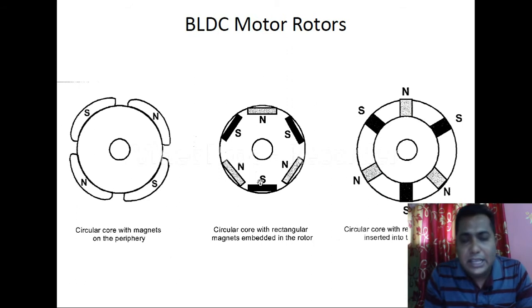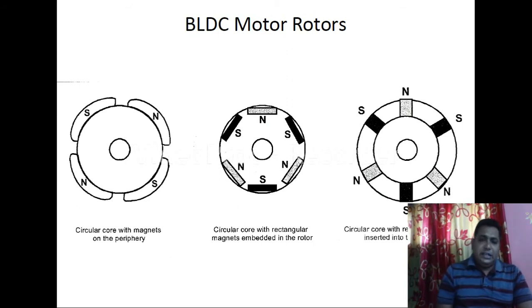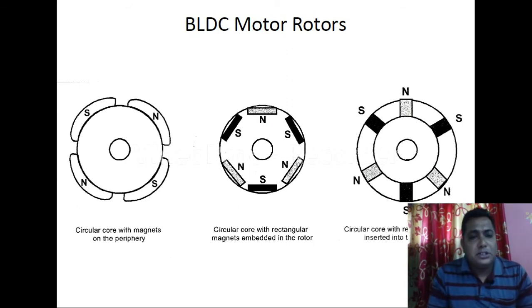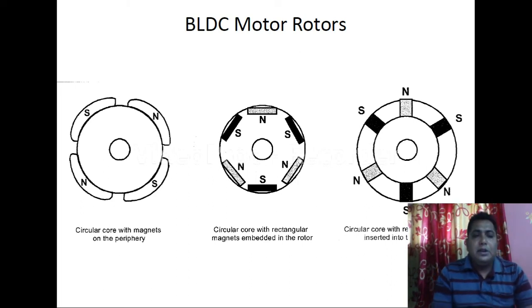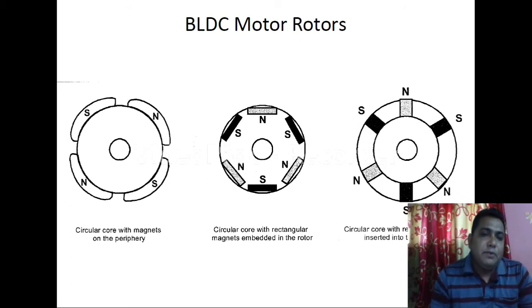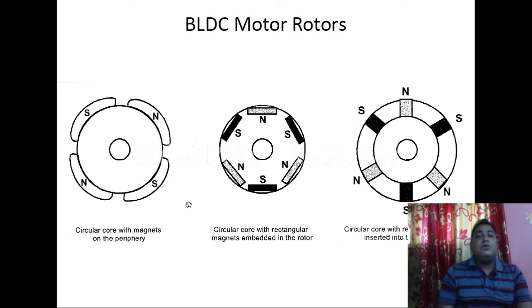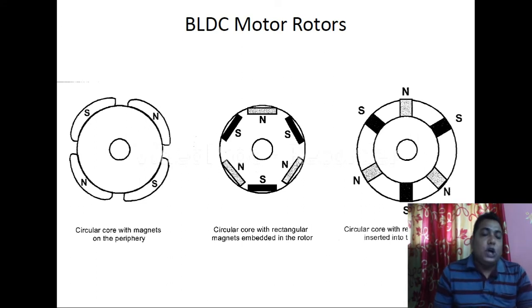Now we are going to see the rotor section. Different kinds of rotor are possible. So what are the different kinds of rotor that are possible? Let us see the names and diagrams one by one. There is a circular core with magnets on the periphery.